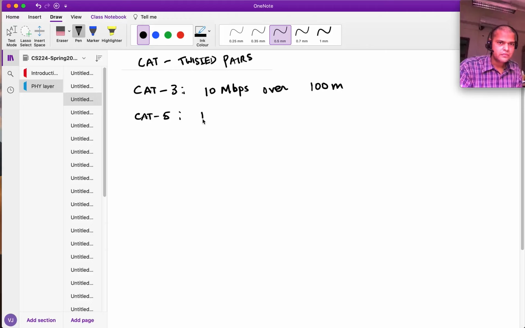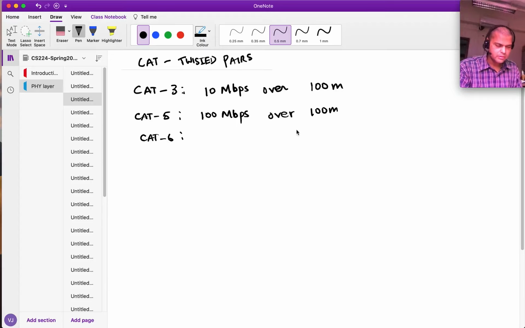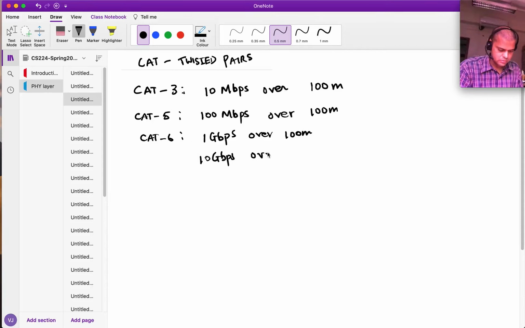Okay. So Cat 5 gives 100 Mbps over 100 meters, and of course you can keep going higher and higher, right? You have a better cable. So here you have 1 Gbps over 100 meters, but if you use a shorter wire, you can go up to 10 Gbps over let's say 50 meters.